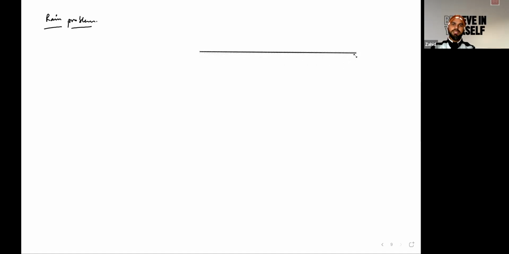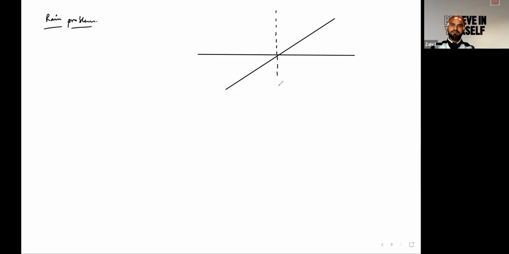Suppose on a rainy day, this is east, north, west, and south, vertically up and vertically down.